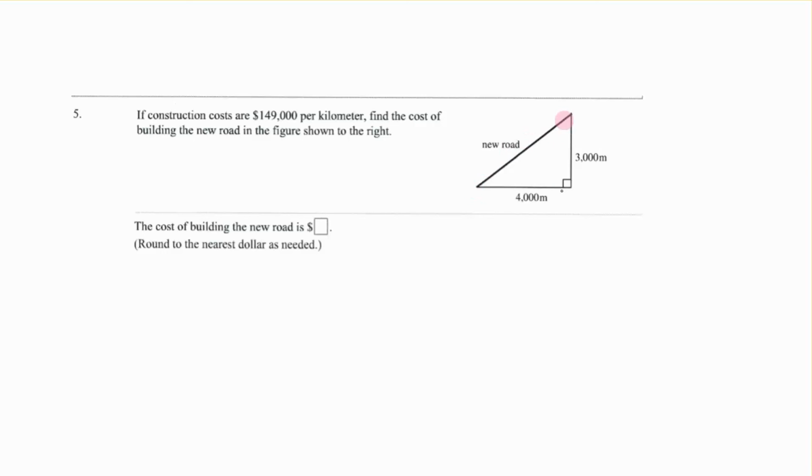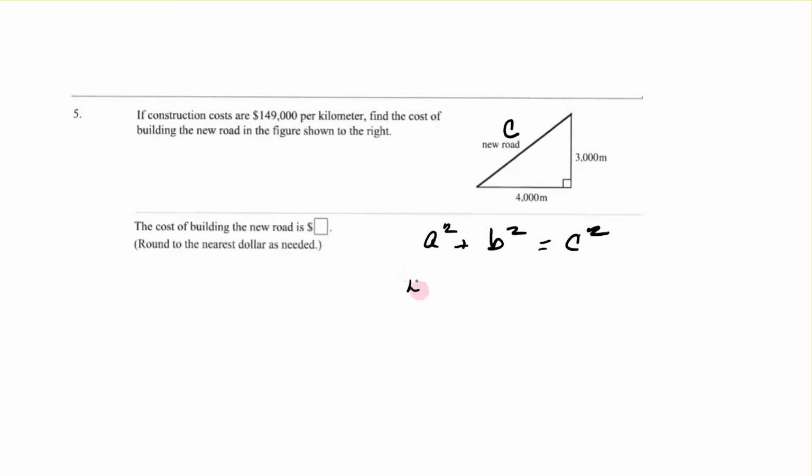And hopefully you see that it's a right triangle. That should immediately make you think about Pythagorean relationships. And we are looking for, because it's across from the right angle, the hypotenuse, which is c. So I start out with a squared plus b squared equals c squared.